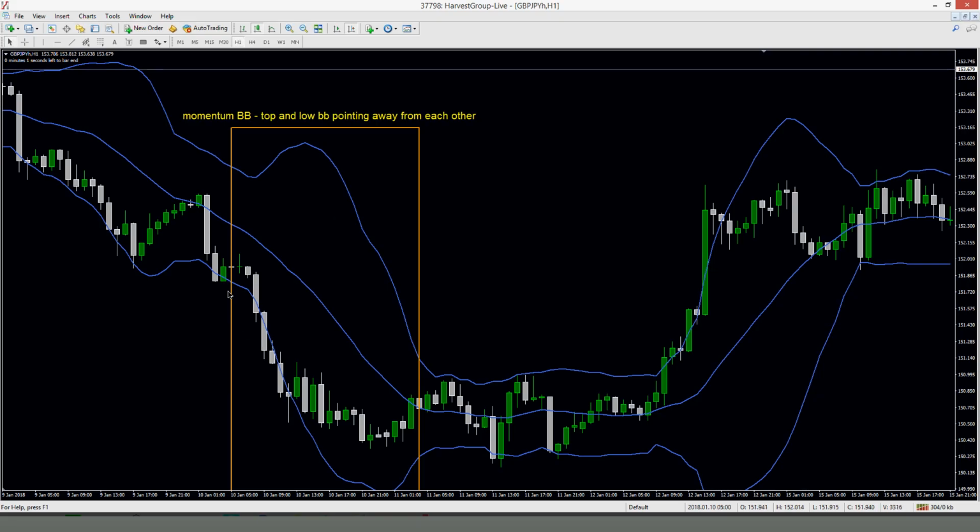As you can see here, the low BB points downwards and the top BB points upwards.